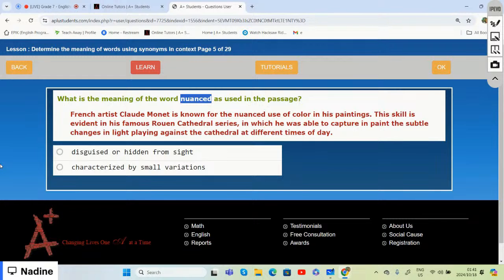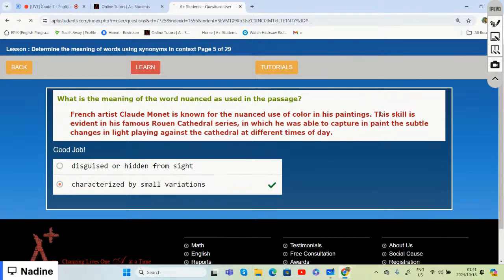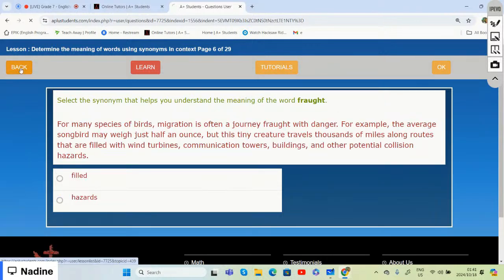And if we were to choose the correct option, we can say the meaning of nuance is characterized by small variations.